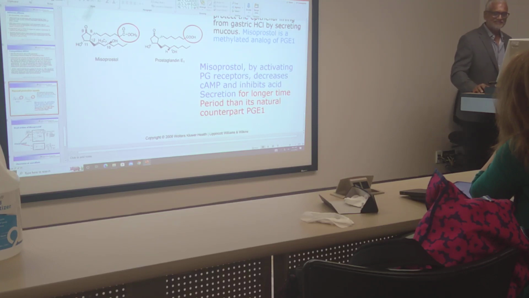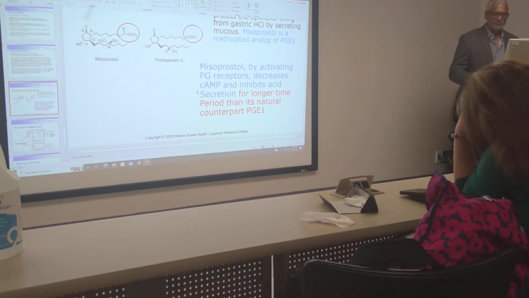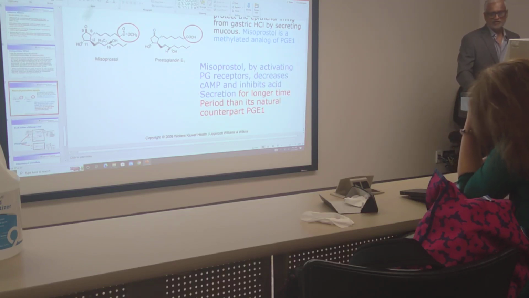It made sense to me why misoprostol is better than prostaglandin E1, because it stays longer. Therefore, it gives you a long-lasting effect. Misoprostol is a methylated analog of prostaglandin.